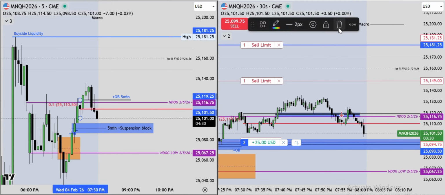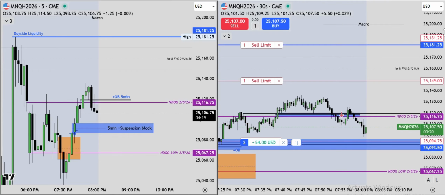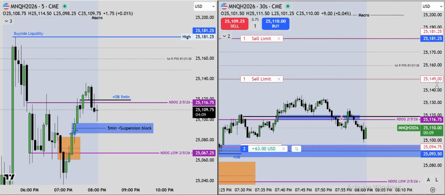So right here, I want price to stay above the mean threshold of that order block.